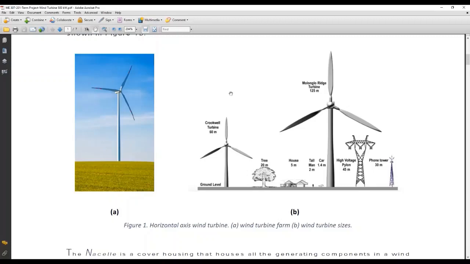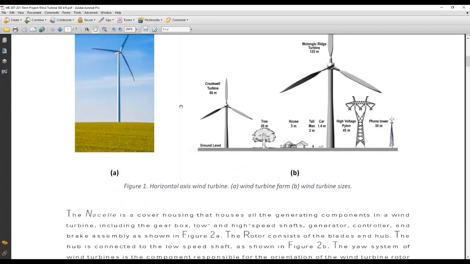In previous years, we gave students an example like this, which is a 5 megawatt, but this one is not.